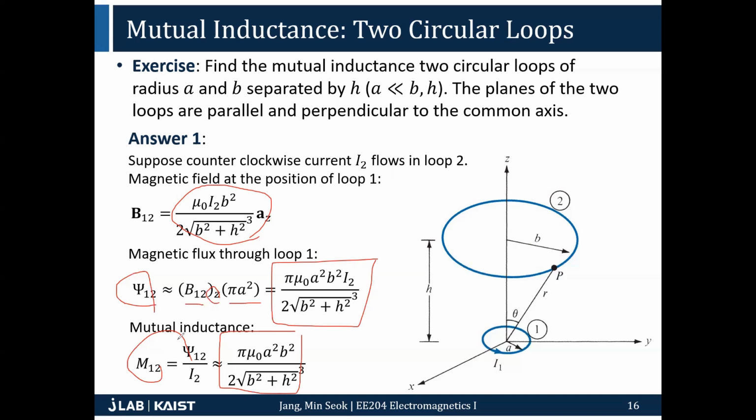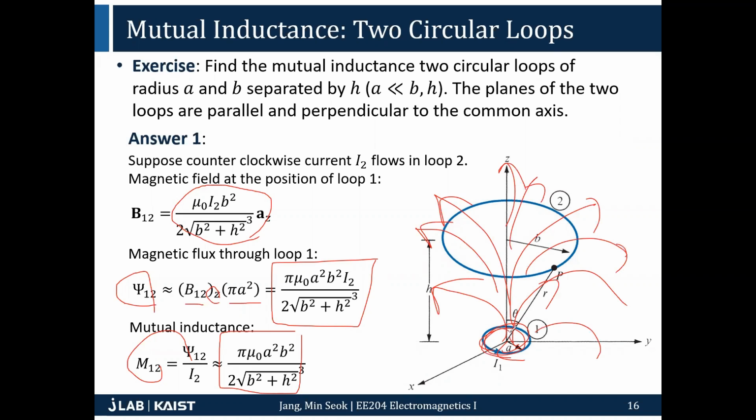Now, is it really impossible to calculate M21? You think it's much more complicated because you have a current carrying loop, and it's going to create a B field like this, right? Because it's very, very small, it's like a dipole. You have a small dipole here, and that creates a B field in this manner.